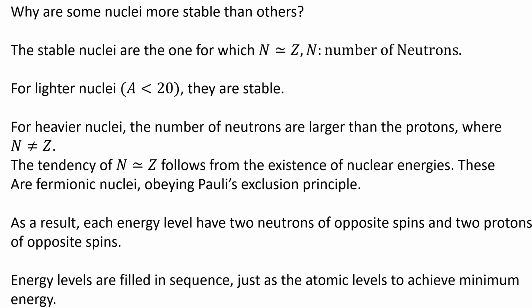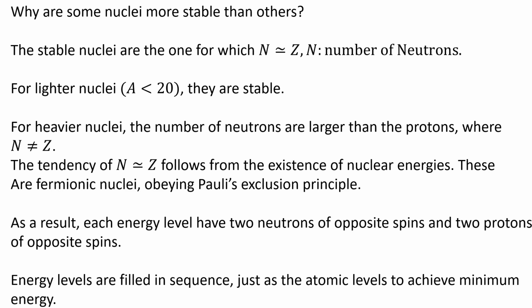So, why does radioactivity occur? Why are some nuclei more stable than others? The stable nuclei are the ones for which the number of neutrons is the same as the number of protons, or the atomic number.